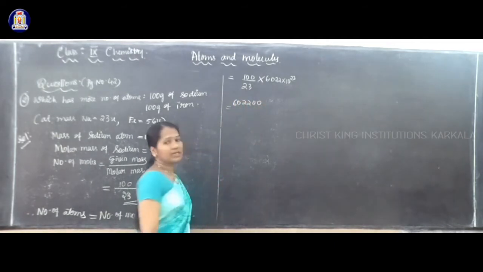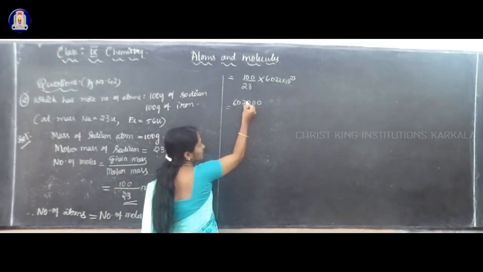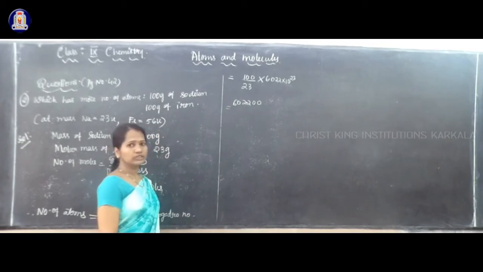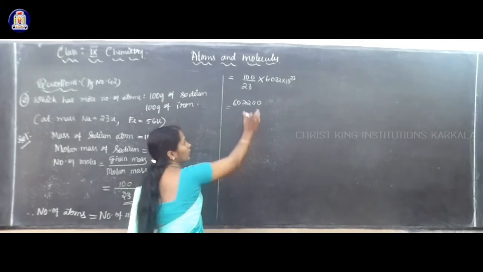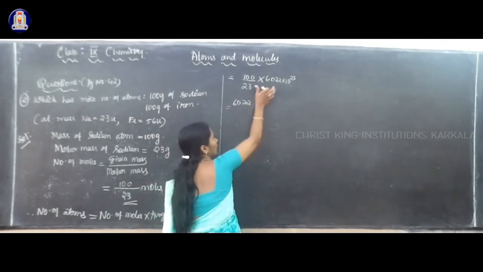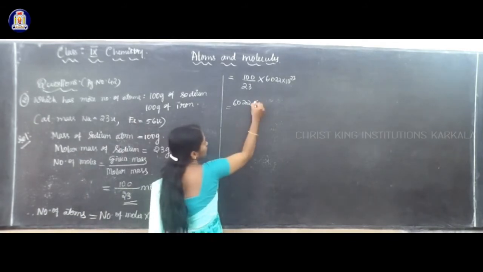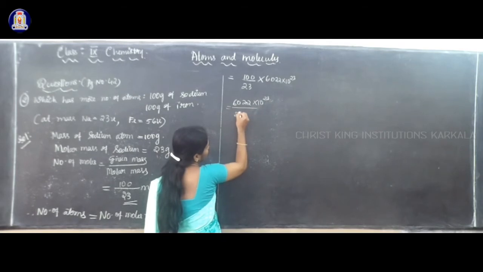602,200. Put the decimal point after 3 places, so you will get 602.200. This 0.200 has no value. So 602.2 into 10 to the power 23 divided by 23.